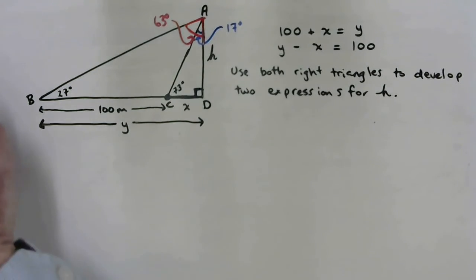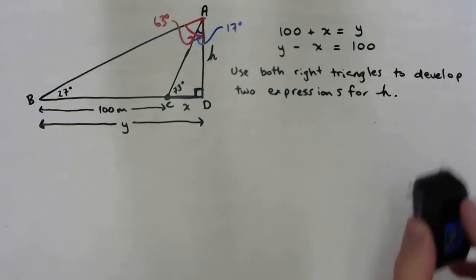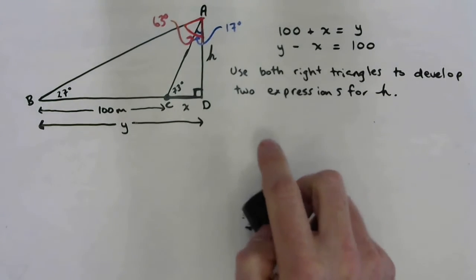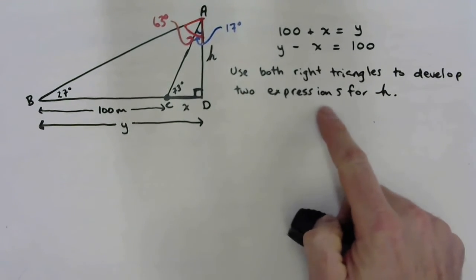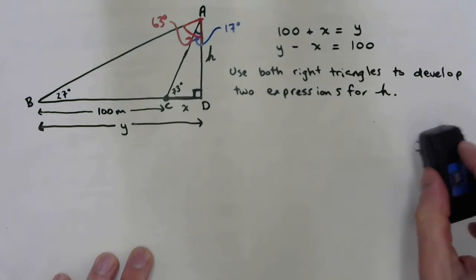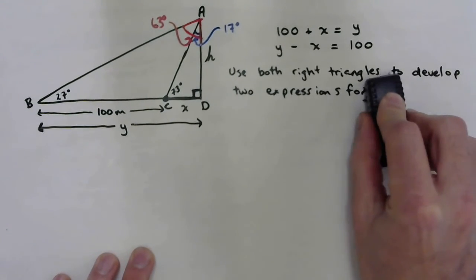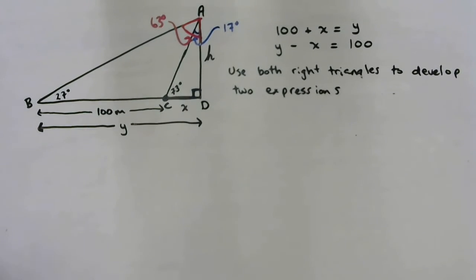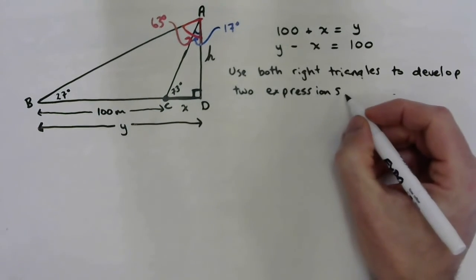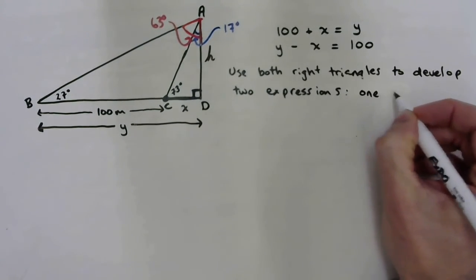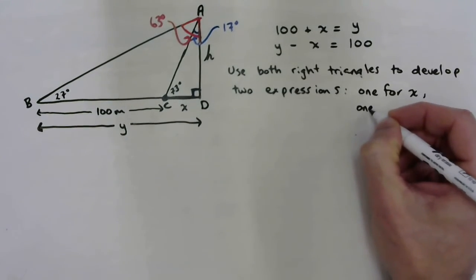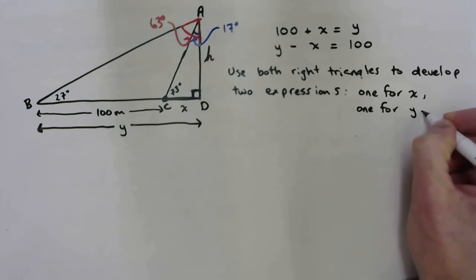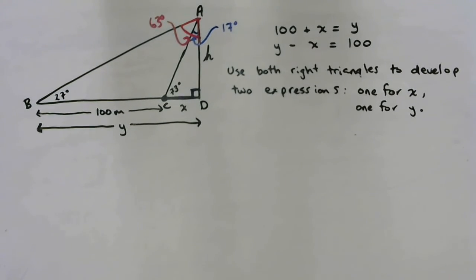Nope, I lied to you, and I think I lied to you last one as well. Scratch that, reverse it. Okay, we're going to develop two expressions, one for x, one for y, and those are going to be in terms of h.